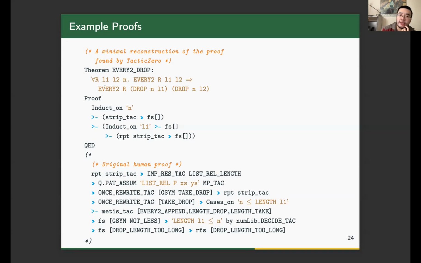And the theorem says that if L1 and L2 are element-wise related, then if I drop the nth element of L1 and I drop the nth element of L2, the two resulting lists are still element-wise related by R. This theorem is not too difficult, but it requires a fair amount of reasoning to show that it's correct.